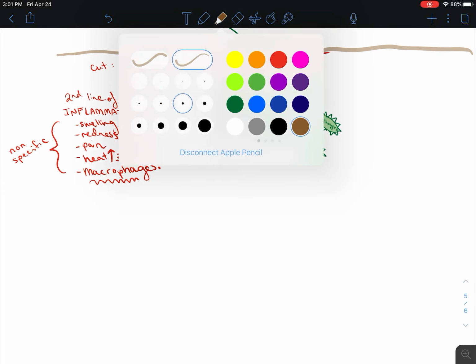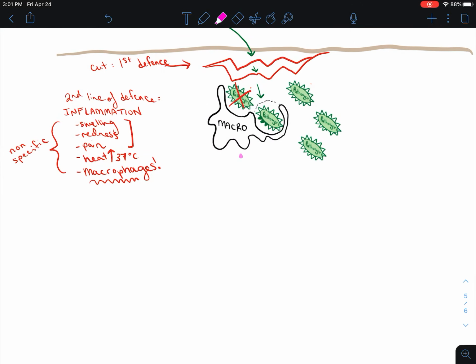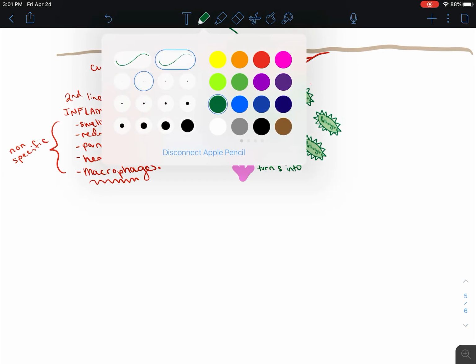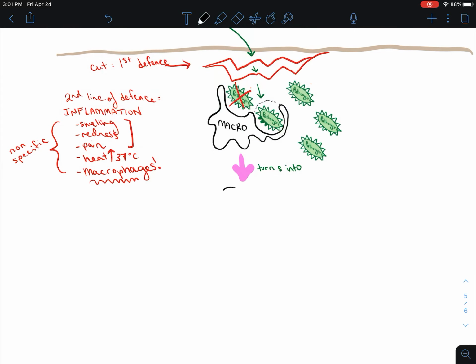Okay, so the macrophage is just going to kind of blindly eat up all of the pathogens that are there, but then the macrophage turns into an antigen presenting cell. Okay, so it's the same white blood cell that eats the pathogens.